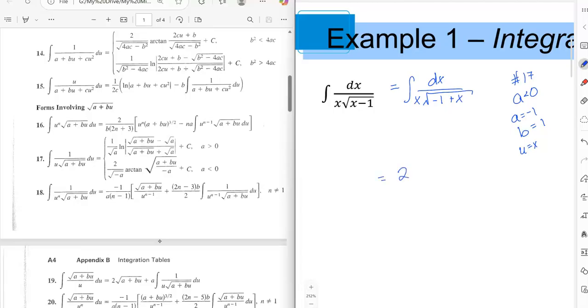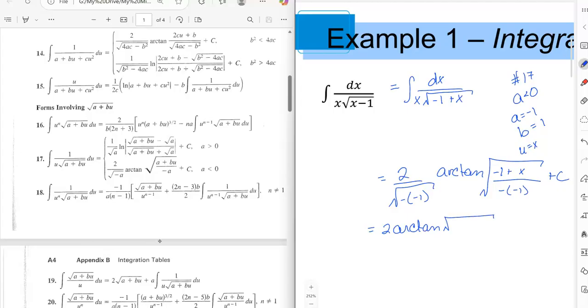So it's going to be equal to 2 over square root of negative a, my a is -1, arctan of the square root of a plus bu over negative a, and then we're going to have plus c. So I'm going to simplify this. This is a positive 1, square root of 1 is 1, so this is 2 arctan. That denominator is 1 also, so we could rewrite this as -1 plus x, or x minus 1, plus c.